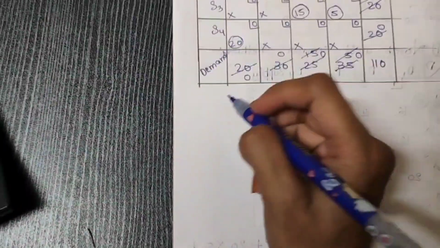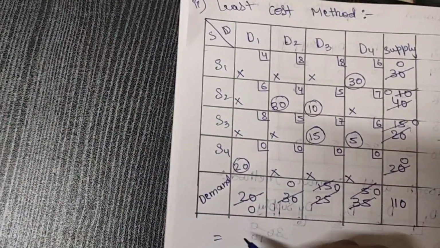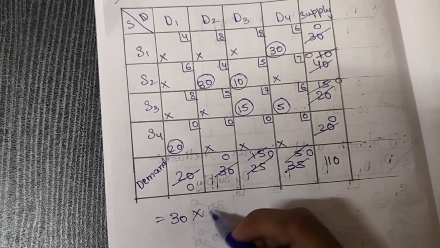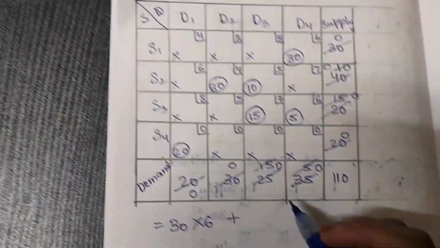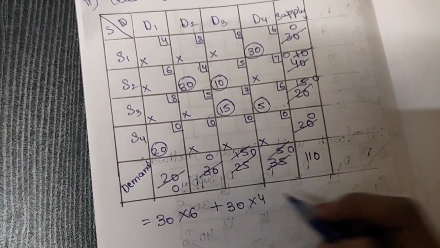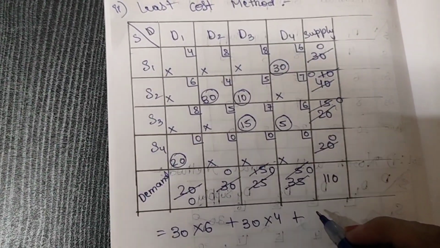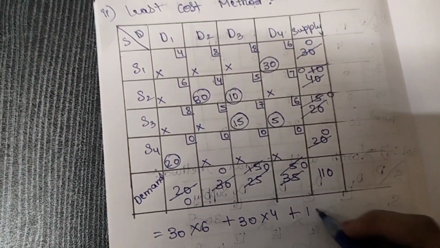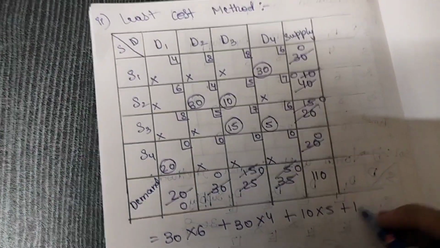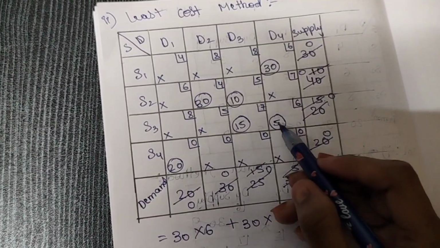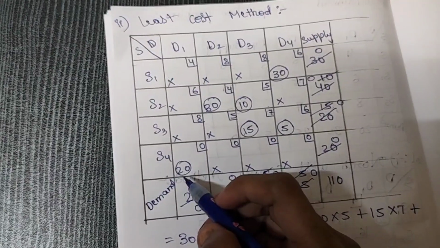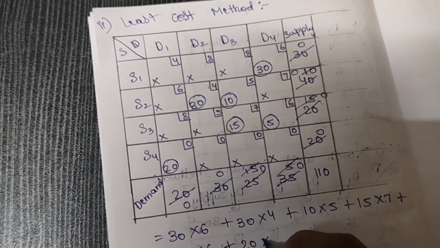Now we have to calculate the total cost: for S1 D4, 30 into 6, plus for S2 D2, 30 into 4, for S2 D3, 10 into 5, for S3 D3, 15 into 7, plus for S3 D4, 5 into 6, plus for S4 D1, 20 into 0.